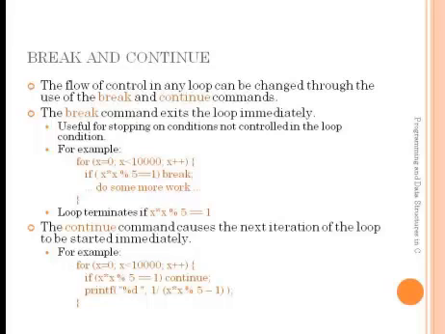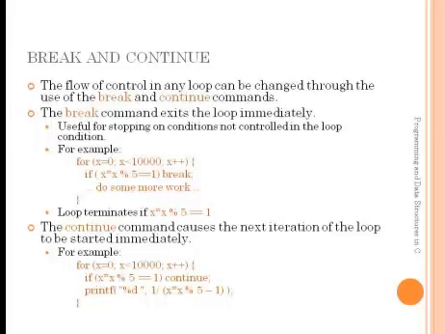Consider the second example. If this condition is true, it will continue with the next iteration. That means the following code will be skipped. That means printf %d and all those things will be skipped and it will continue with the next iteration. Suppose at the first iteration the value of x will be 1.